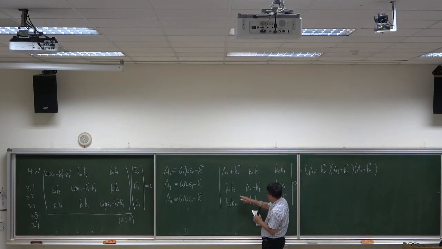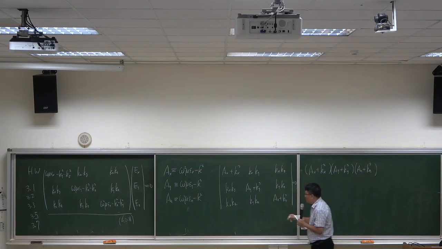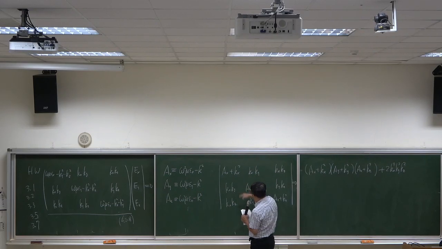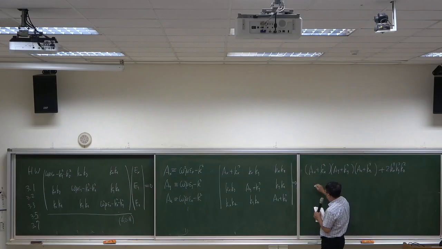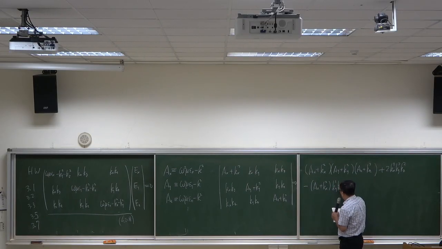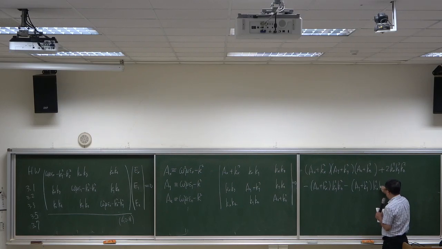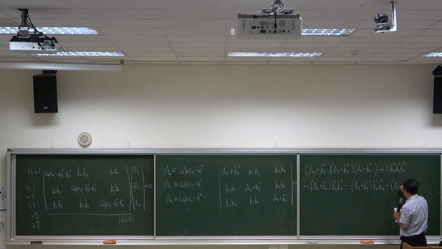Okay, and then we have the same result, 2 kx squared ky squared kz squared. And the other three terms have only the first power of a. Okay, minus Ax plus kx squared times ky squared kz squared, minus Ay plus ky squared times kx squared kz squared, minus Az plus kz squared times kx squared ky squared equal to 0.